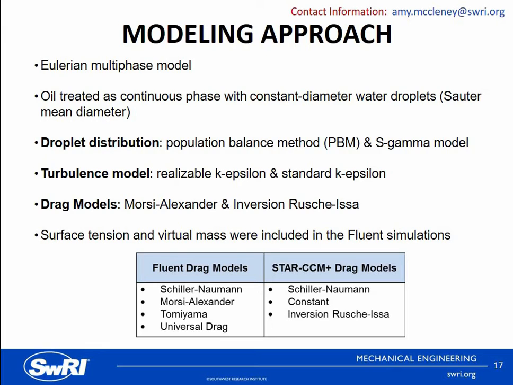The baseline cases used monodispersed water droplets, which were uniformly injected at the separator inlet, as I just mentioned, but the droplet diameter was based on the experimental Sauter mean droplet diameter sizes measured near the inlet of the test separator during the experimental testing. Simulations were also performed with multi-dispersed droplets using the population balance method, or PBM, in Fluent, and the S-gamma model in STAR-CCM+.